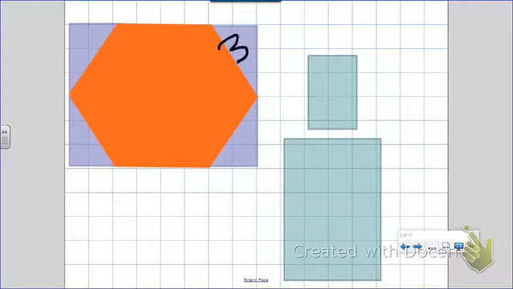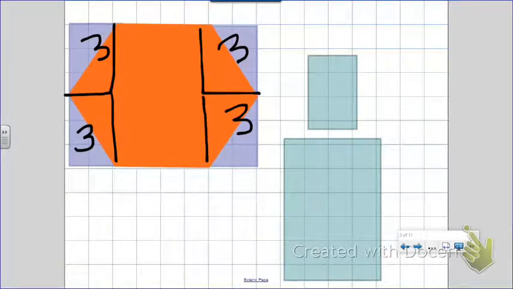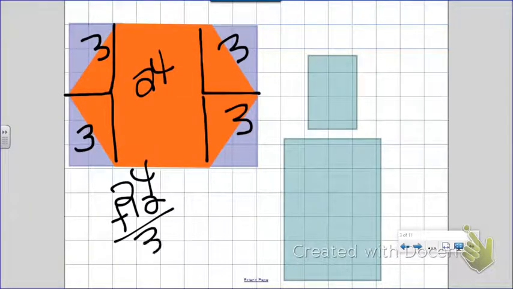So 3, 3, 3, 3 for each of these pieces. 24 plus 12, the area of this six-sided shape, or hexagon, is 36.